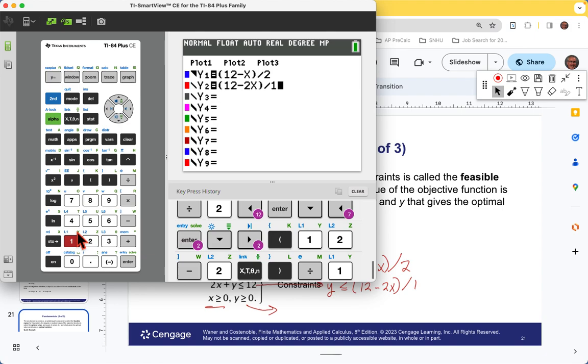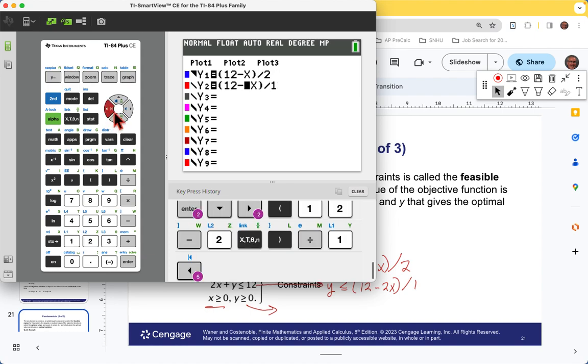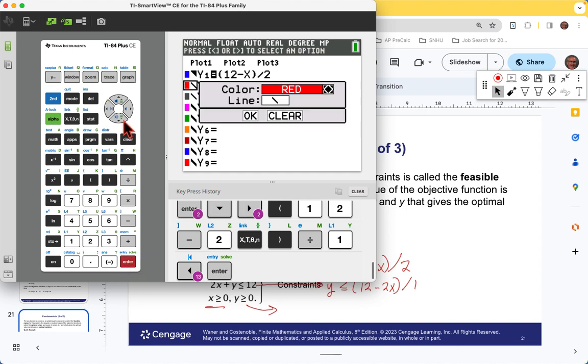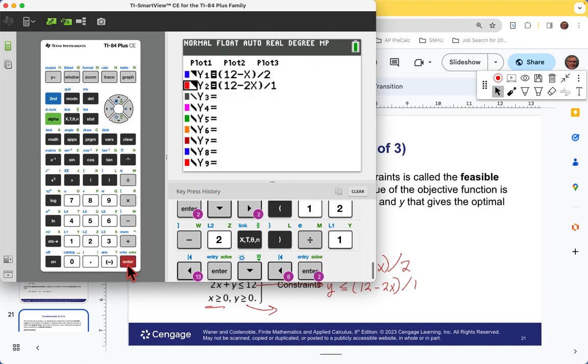And y was less than, so we want below the line. We're going to shade above the line. Okay, so I come over here and enter. I'm going to shade above the line. Remember, you're kind of always doing backwards. This is what we don't want.